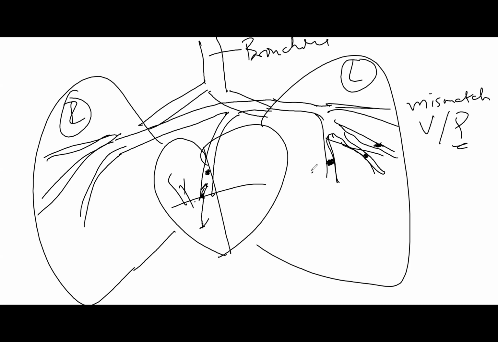Why don't the lung tissues die here? Because let's face it, there's no blood flow going to these sections, whatever sections this part here is perfusing or supposed to perfuse. Why don't the lung tissues die?